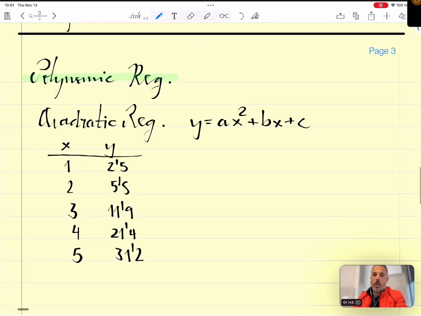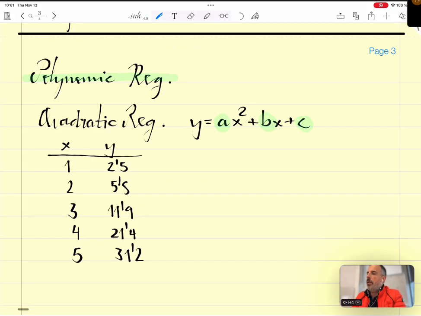So what do we do for the quadratic regression? We have 3 parameters, A, B, and C, that we want to find out, okay?